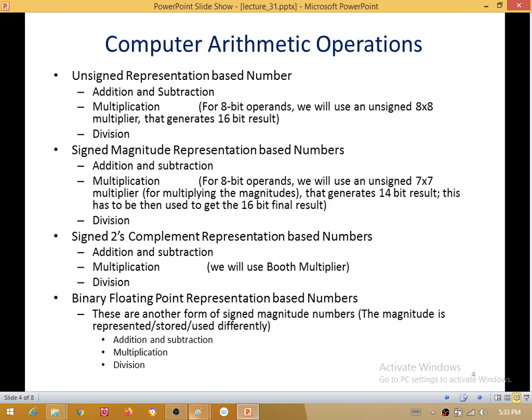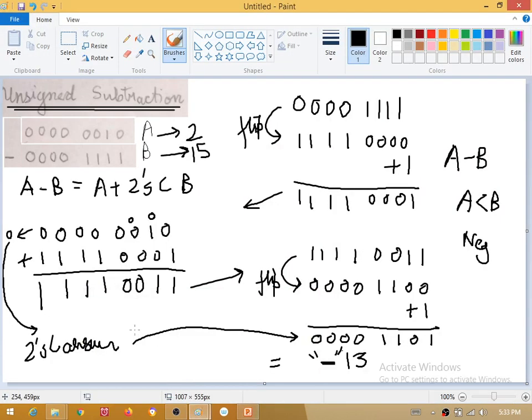But if my carry is a 0, for example in this case, then whatever answer I got, I need to take the 2's complement of that answer, and that gives me the magnitude, and in front of it I need to write an artificial minus sign. So remember that the trick here is to observe the value of the carry. If it is a 1, I don't need to worry, but if it is a 0, I need to change the answer and put an artificial minus sign in front of it.